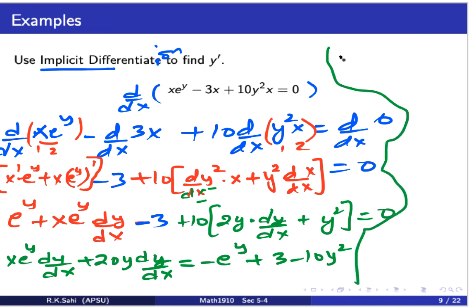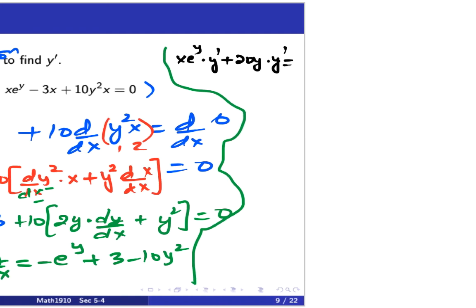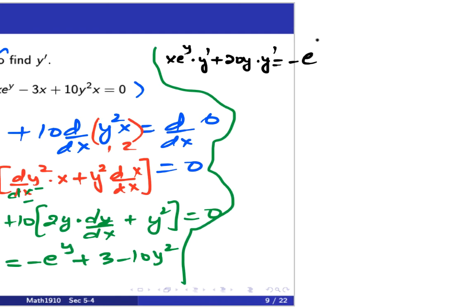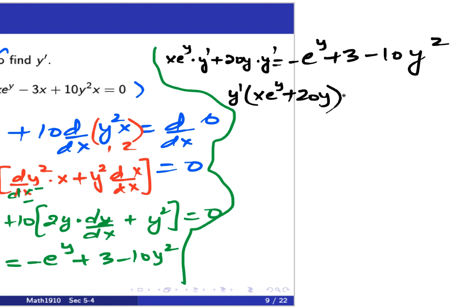So we have x e to the power y times y prime, that's dy by dx, plus 20y times y prime equals minus e to the power y plus 3 minus 10y squared. Now, y prime, the same as dy by dx, is x e to the power y plus 20y equals minus e to the power y plus 3 minus 10y squared.